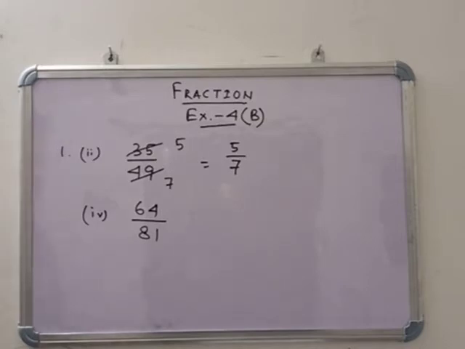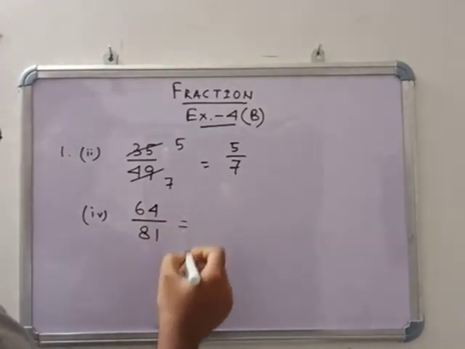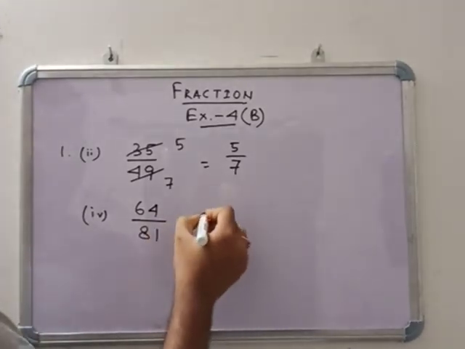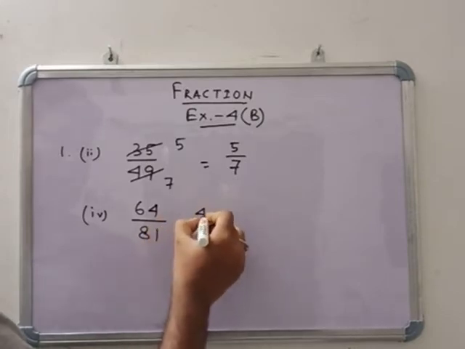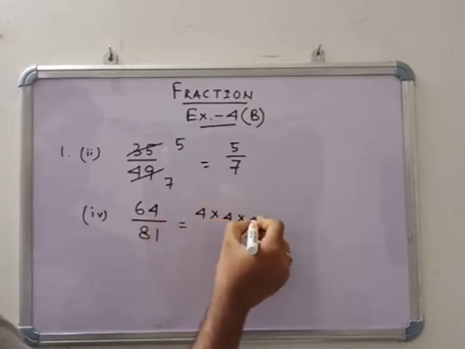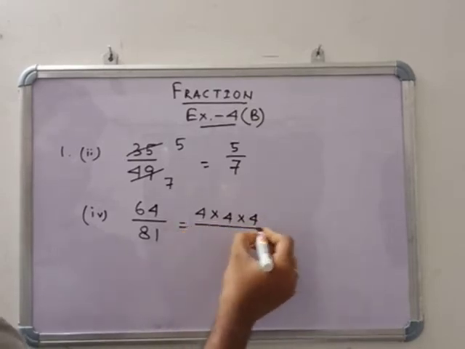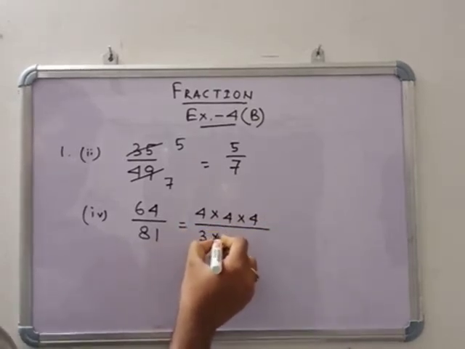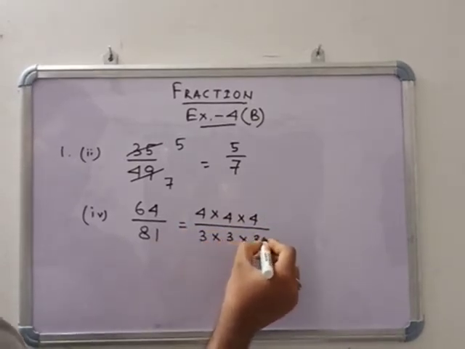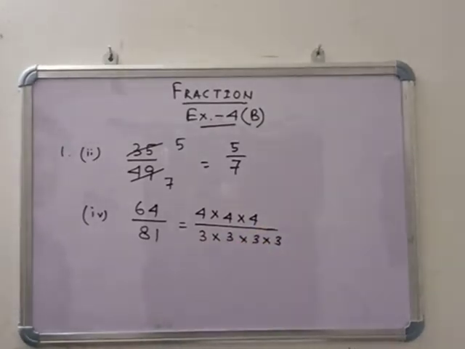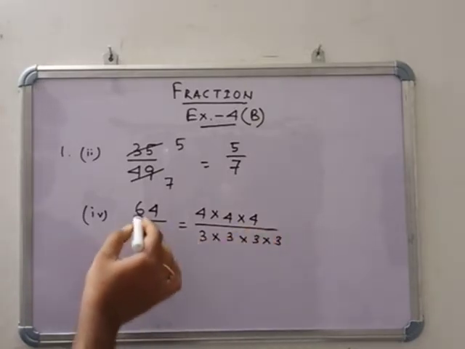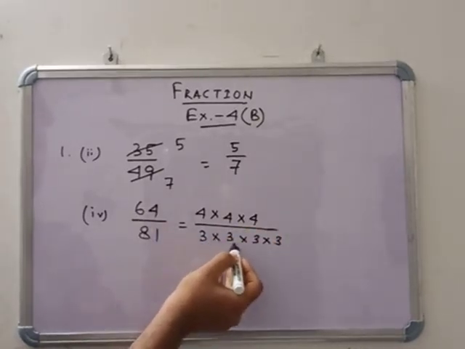For checking, we can use any method, HCF or prime. 64 is 4 into 4 into 4, and 81 is 3 into 3 into 3 into 3.